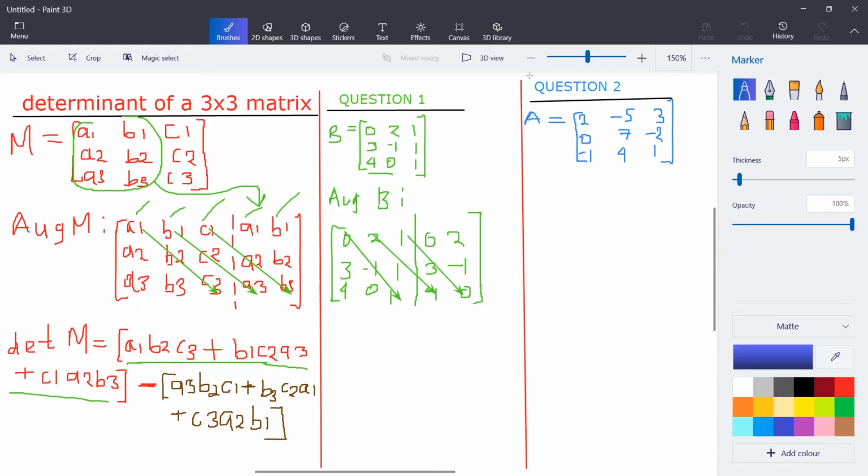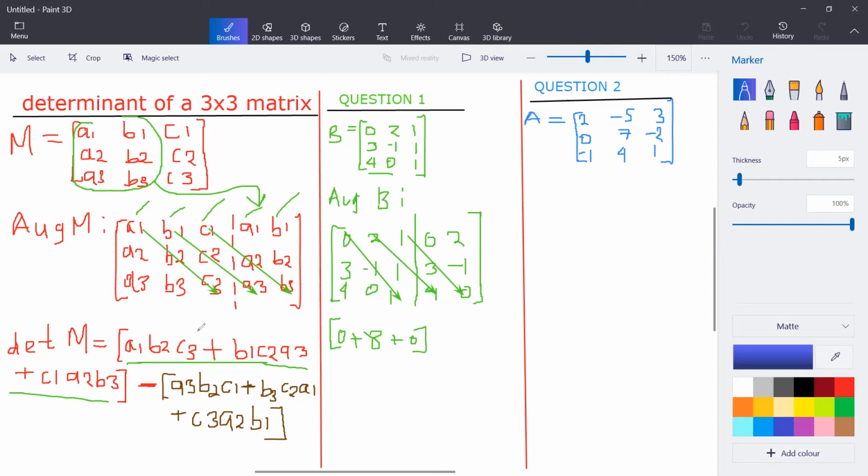These are the numbers I'll be multiplying. If I take 0 times 1 times negative 1, that's a 0. So in my first bracket I have 0 plus 2 times 1 times 4, that's 8, and then 1 times 3 times 0, that's a 0. So my first bracket is done.